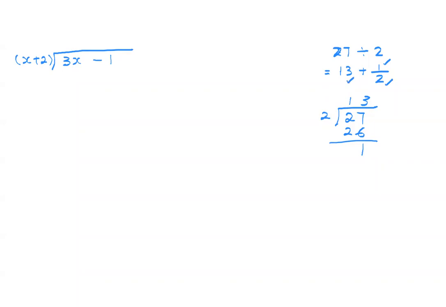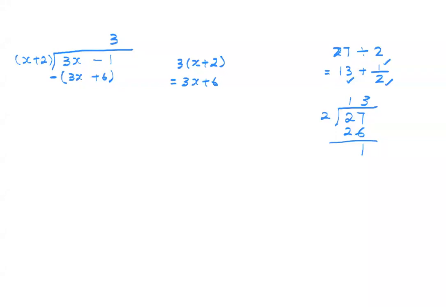Clear? So now I'm going to do the division like that. Here got x, here got 3x. So you put a 3 here. Which means that whatever you need to write down at the bottom will be 3 times x plus 2. If you expand this, it will be 3x plus 6. So you have to take away 3x plus 6.